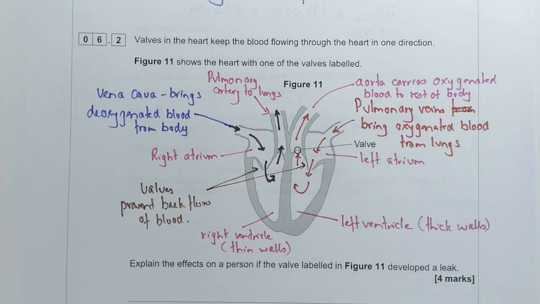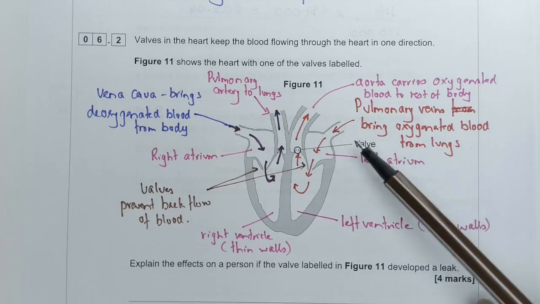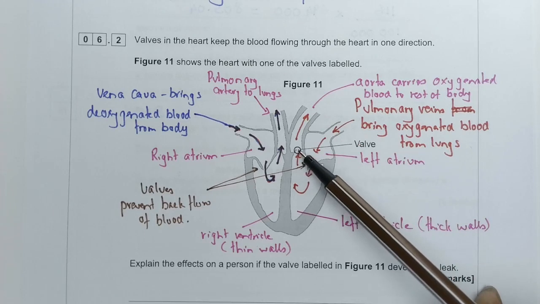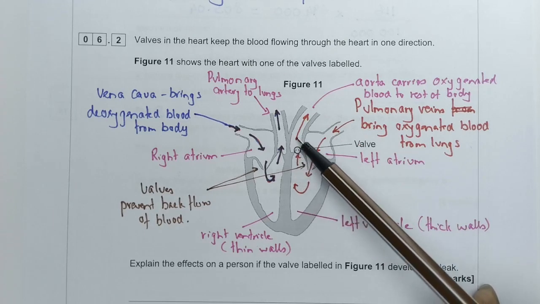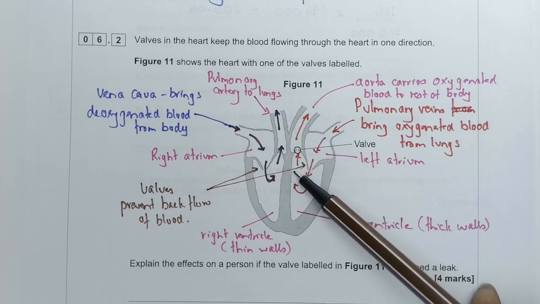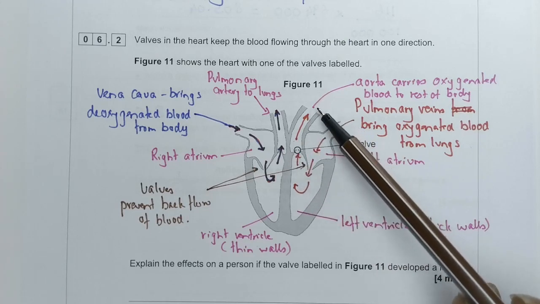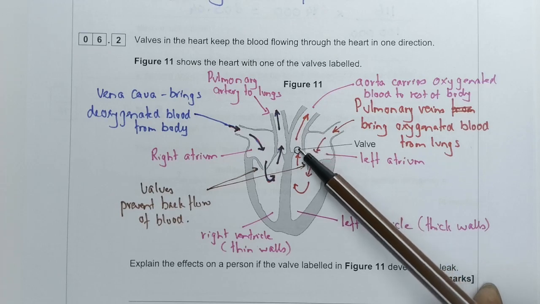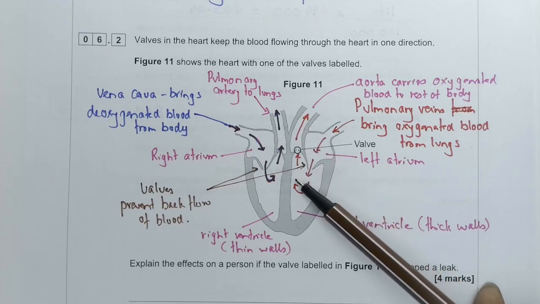Explain the effect on a person if the valve labeled in figure 11 developed a leak. If this didn't actually close, once the blood is pushed out at a higher pressure, because you're trying to push it up against gravity, the blood will try to move back down.